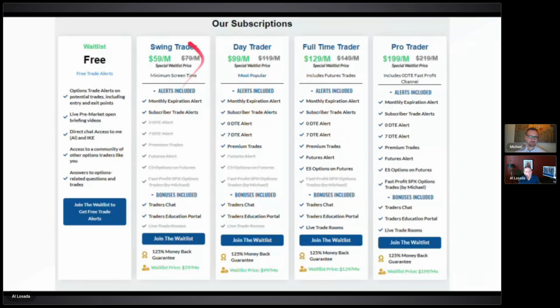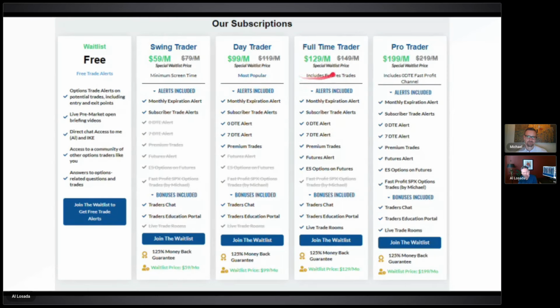So you have a swing trader, which is a monthly plan, which is monthly SPX credit spreads. We have the day trader, which is 0 DTE. These are credit spreads as well. And then we have the full-time trader. Ike has been with us for about 4 years, and he opens a live group every single day, and he does our briefings for us as well.